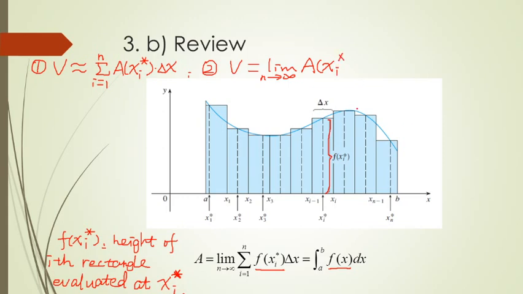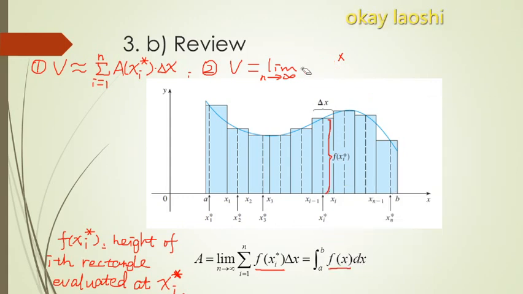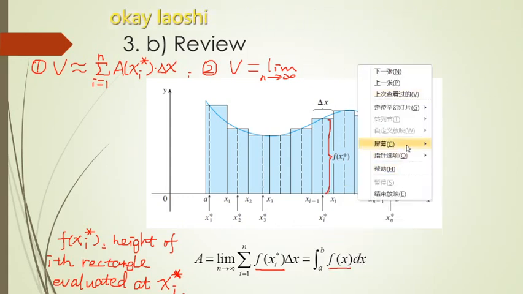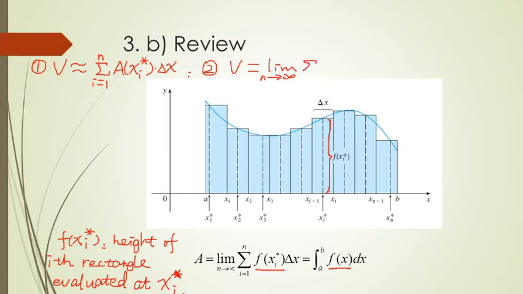Sorry, it should be the Riemann sum: the limit of the Riemann sum from i equals 1 to n of A(xi star) delta x, right?